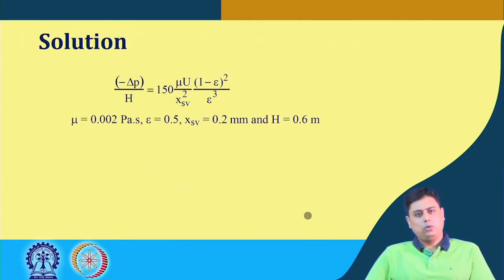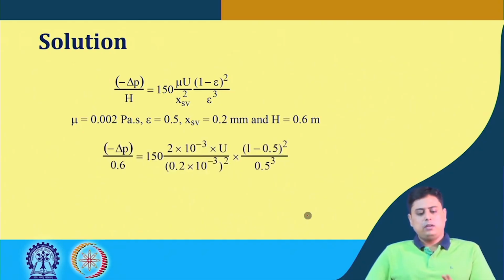Here mu value is known, epsilon is given, this particle diameter is given, height of the bed is also given. Fine. Now the u, okay, let us skip the u part, okay.